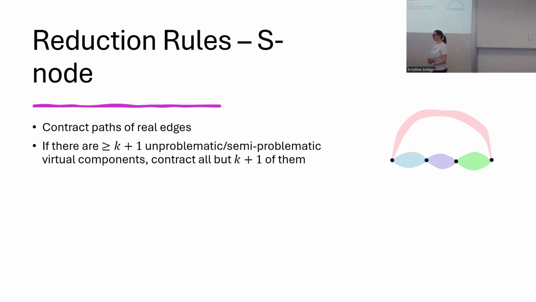Then the next thing that we can do is, if we have at least k+1 unproblematic or semi-problematic virtual components, so virtual components are these children of the node, we can contract all but k+1 of them. This is what I mentioned earlier about needing to preserve the face cover number, but only if it's at most k. And if it's bigger than k, then we just say, okay, it's at least k+1. We don't care how much exactly it is.